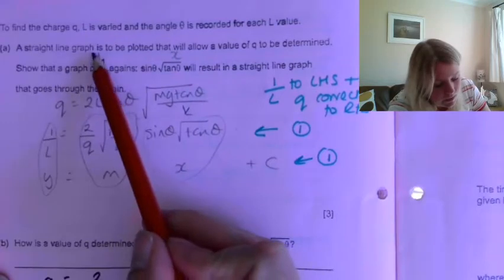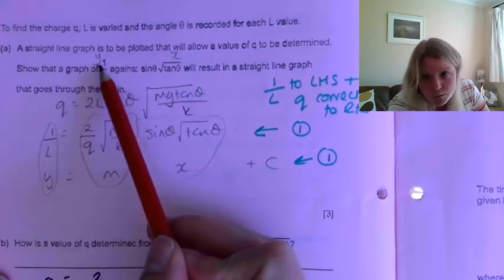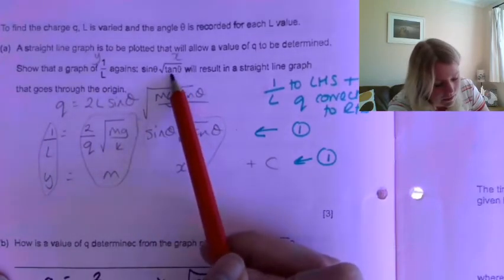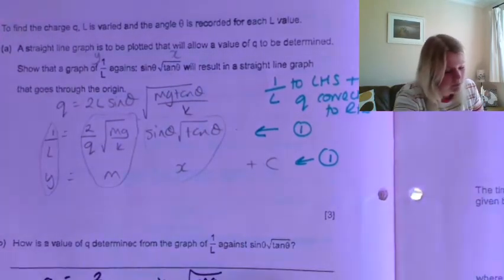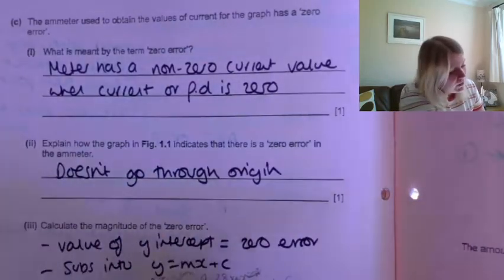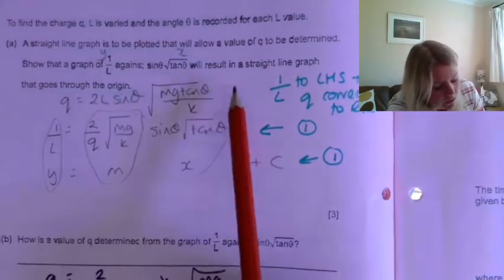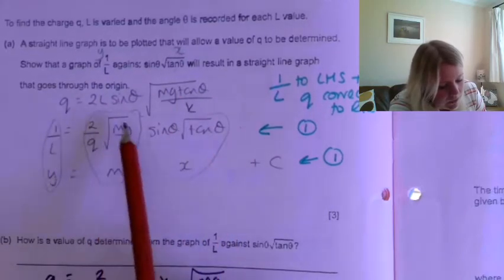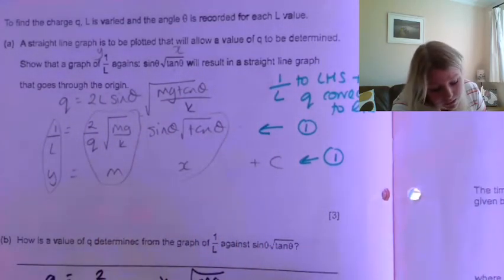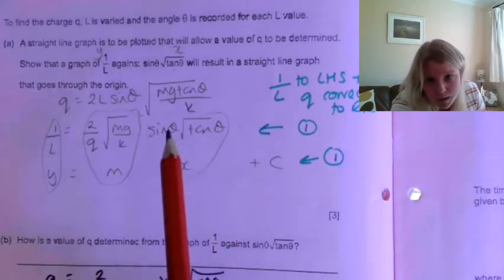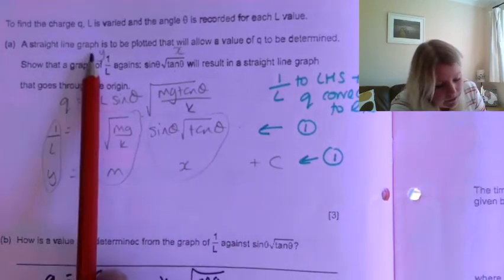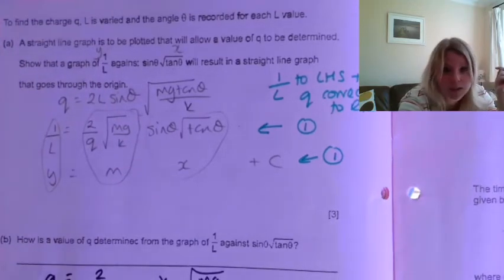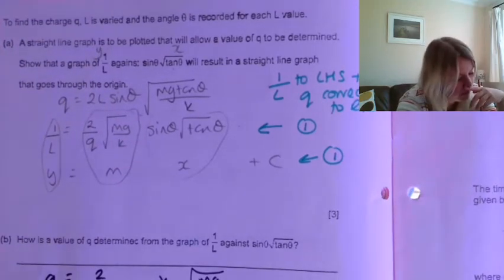So you can see here whenever I've been doing this, I've made a wee note of this is the y and this is the x. I have started out, as I always would, by writing out the equation that they give me, and then I'll look at that and think, right, I need to rearrange this so that 1 over L is y for y equals mx plus c, and sine theta tan theta is x in y equals mx plus c.